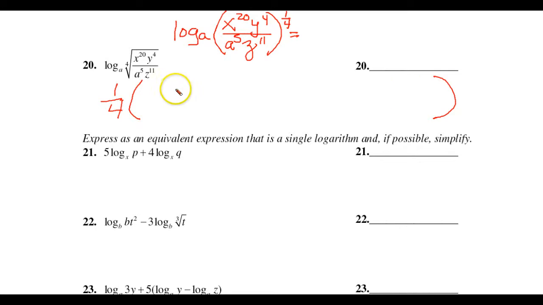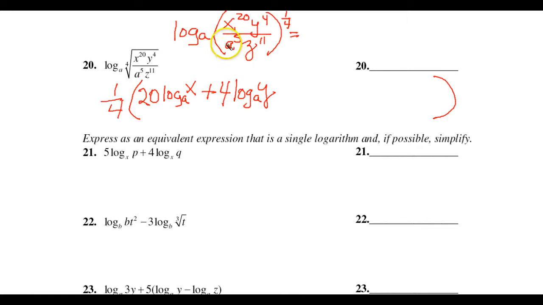That 1/4, which is the exponent of the whole thing, applies to everything in here as well. So this then becomes, and there's a 20 by this one, so it's 20 log base a of x plus 4, the exponent of the y, log base a of y.